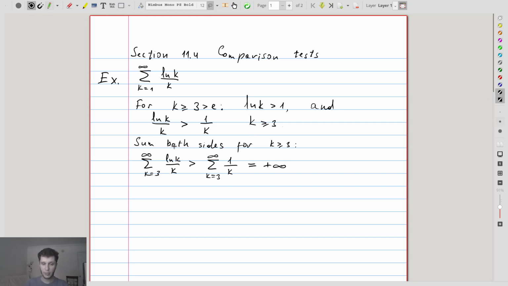So we have this infinite series, it's bigger, well, in fact, it has to be bigger than or equal to plus infinity. And so it follows that the series on the left-hand side is divergent, which is precisely the conclusion that we obtained for this series.